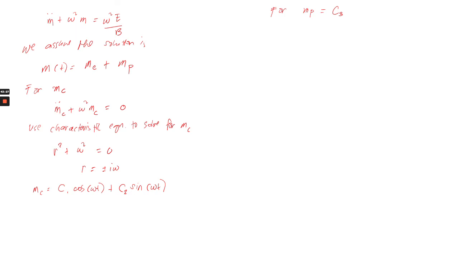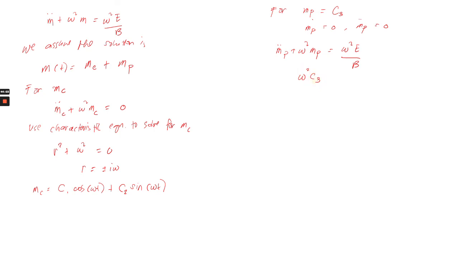So we can get M_p to be 0 if you take its derivative. So M_p double dot is 0 as well. Okay, going back to this: we have M double dot p plus omega squared M_p equals omega squared E over B. This double derivative is now 0, so we are left with omega squared c3.